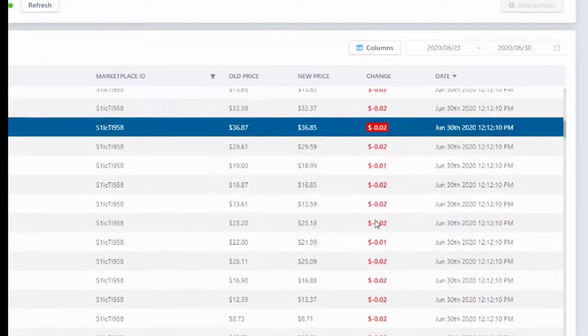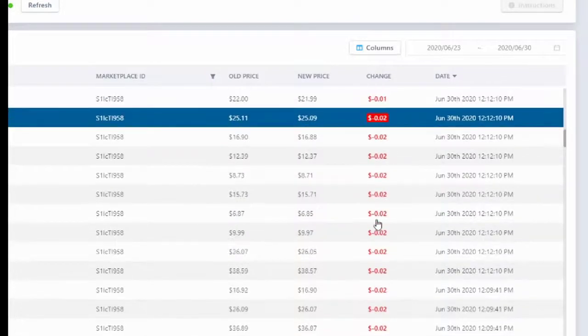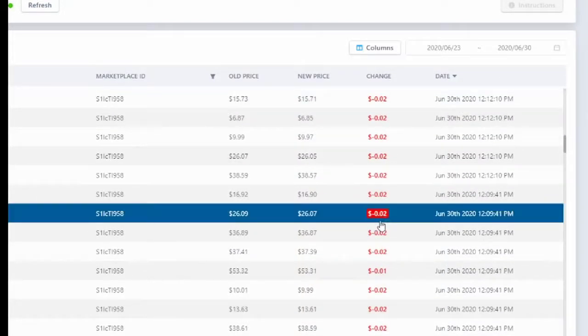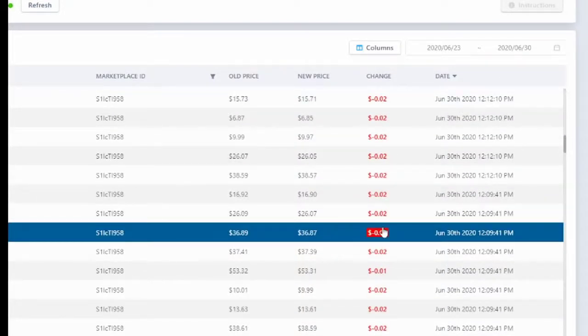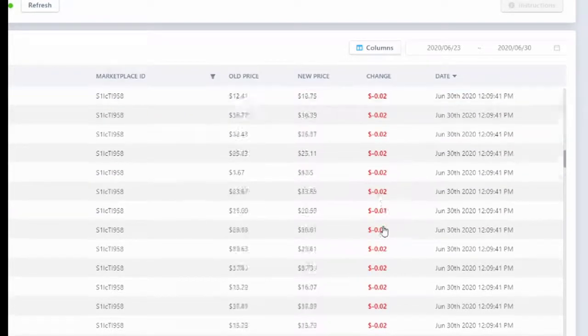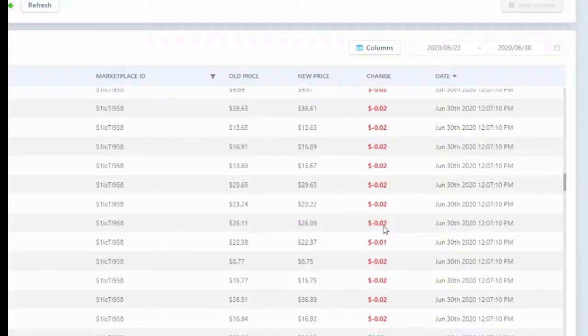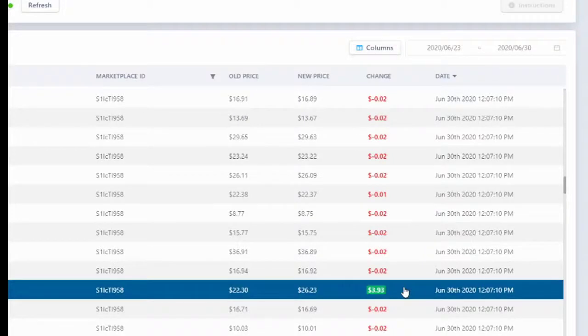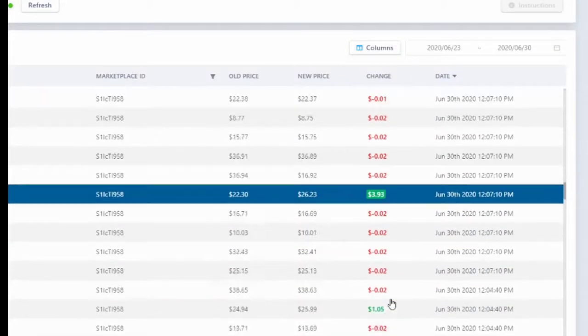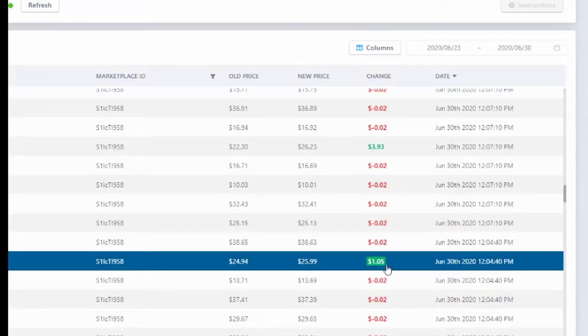So you need a repricer that's not just going to drop your price. What if things change? Maybe somebody sells out. Now it can jump up. Or look, here we go again, jumped up $1.05. So you want a product that's going to actually move you around up and down.